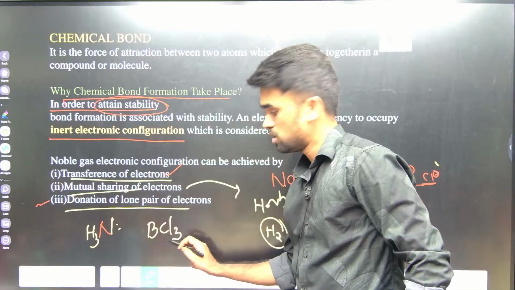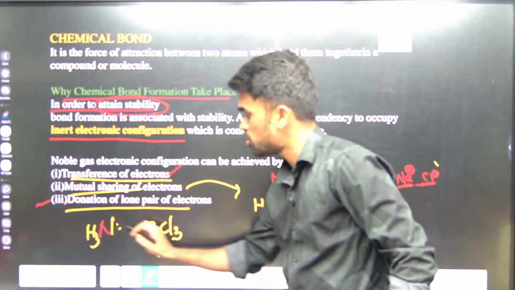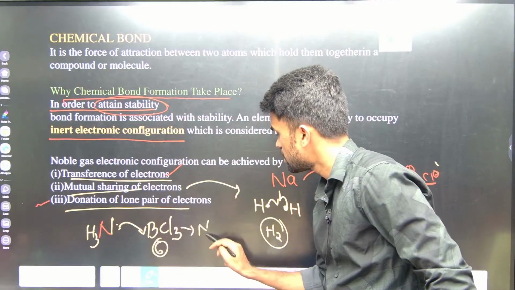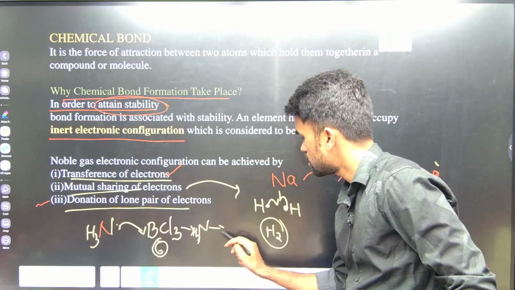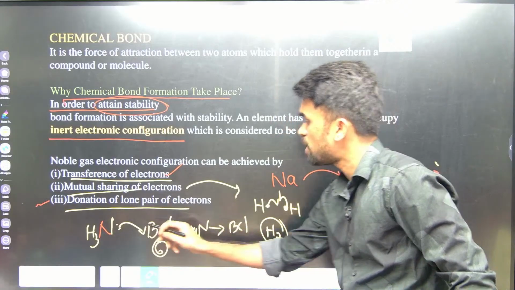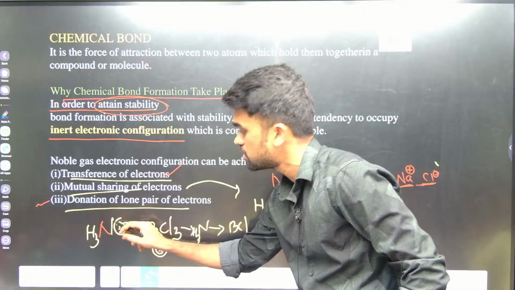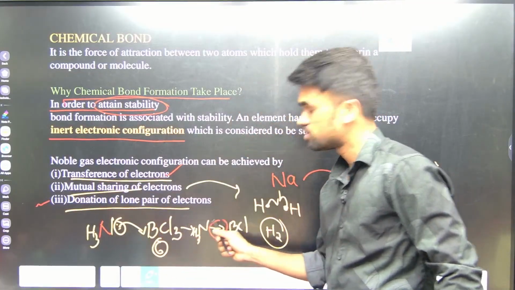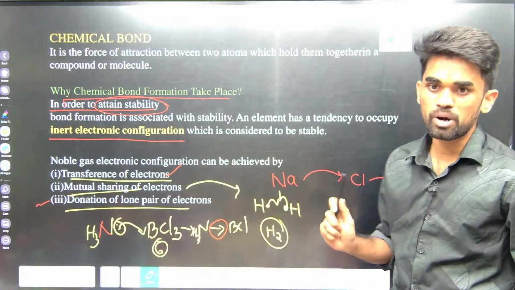BCl3 has only 6 electrons, ammonia has 8. The lone pair is given from ammonia, making NH3 to BCl3. For bond formation both electrons come from ammonia only, so the resulting bond is called a coordinate covalent bond or dative bond.